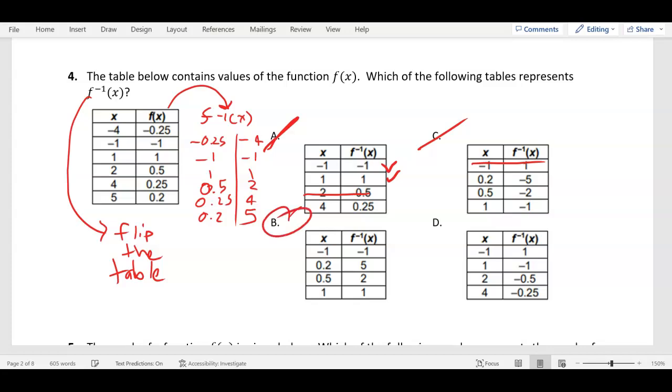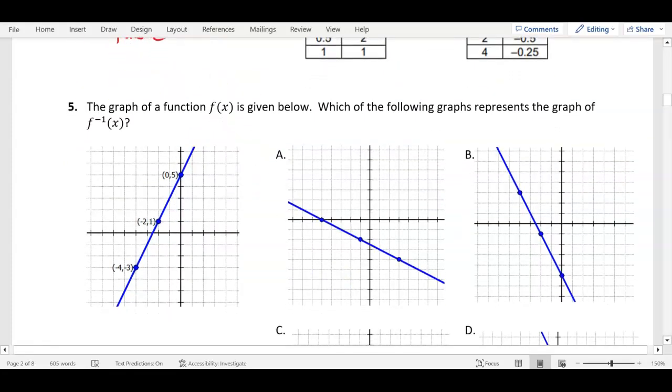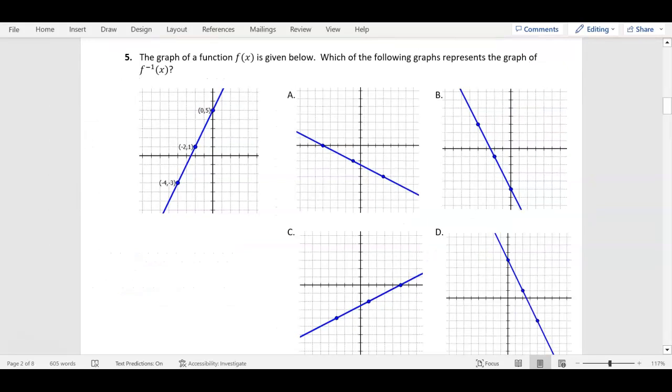Hey, that one's got everything. Letter D, negative 1, nope, it's not on there. So again, you're just making sure that everything's been flipped for a table.